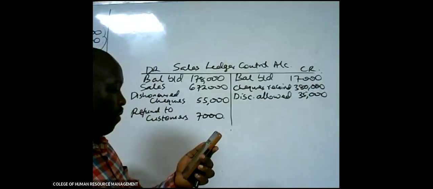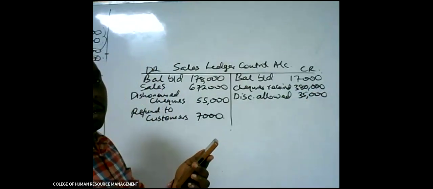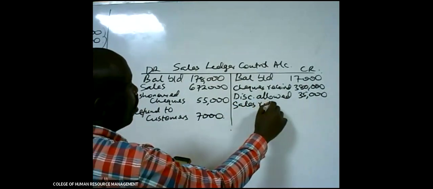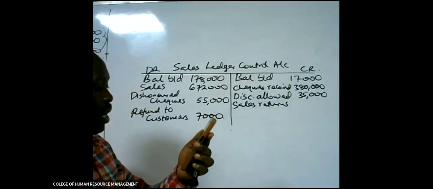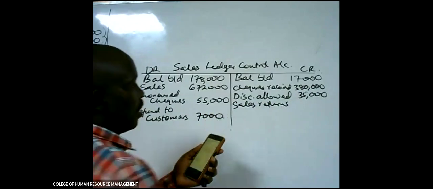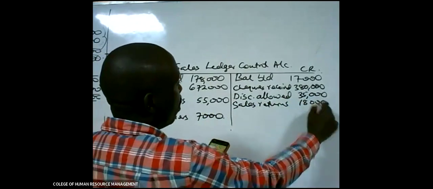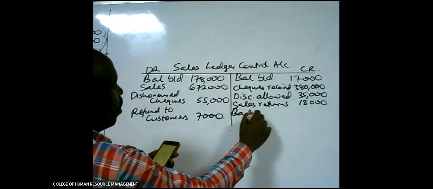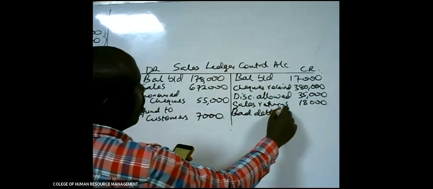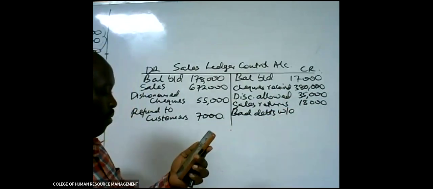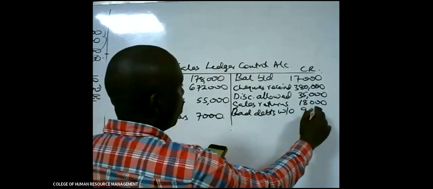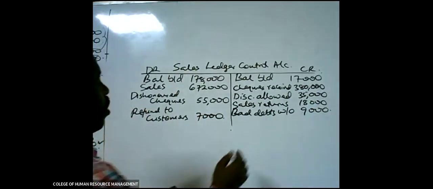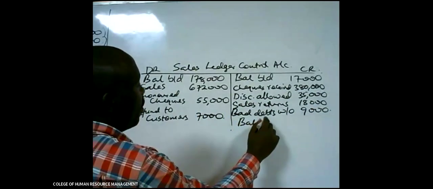Then we also have goods returned by customers. Those are sales returns or return inwards, 18,000. Then we have bad debt written off, 9,000. This one being an asset, the debit will be more, so the balance carried down will be there.